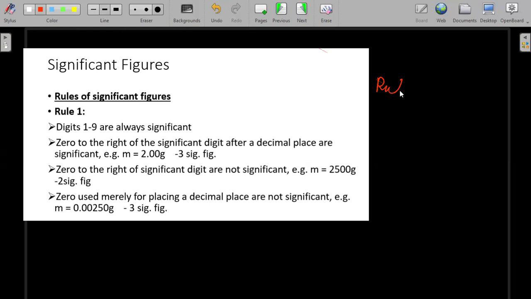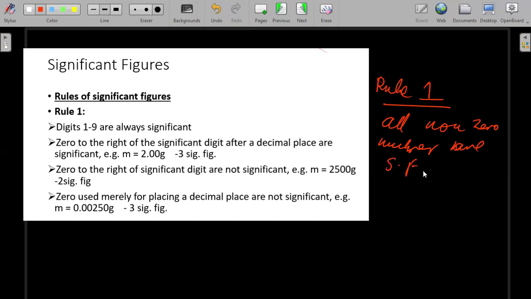So rule number one, you need to know that all non-zero numbers are significant figures. So we are talking about numbers from 1 to 9. These are significant figures. Okay, so when it comes to zeros, there are types of zeros.